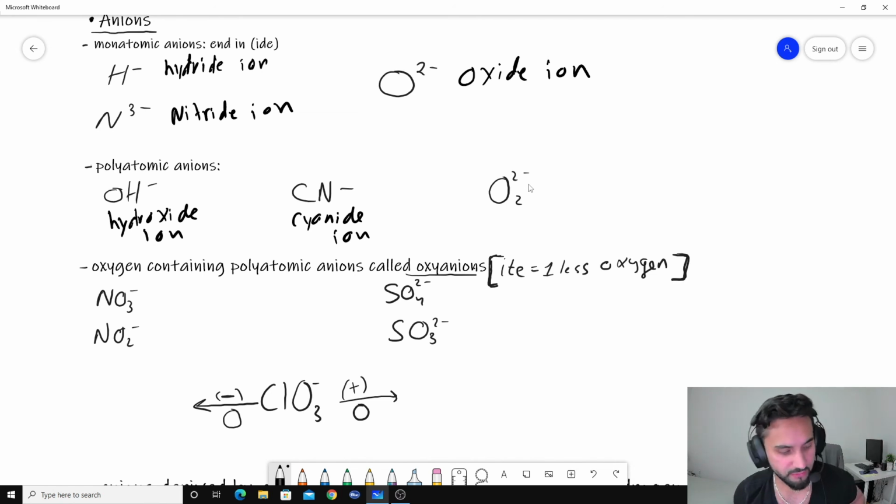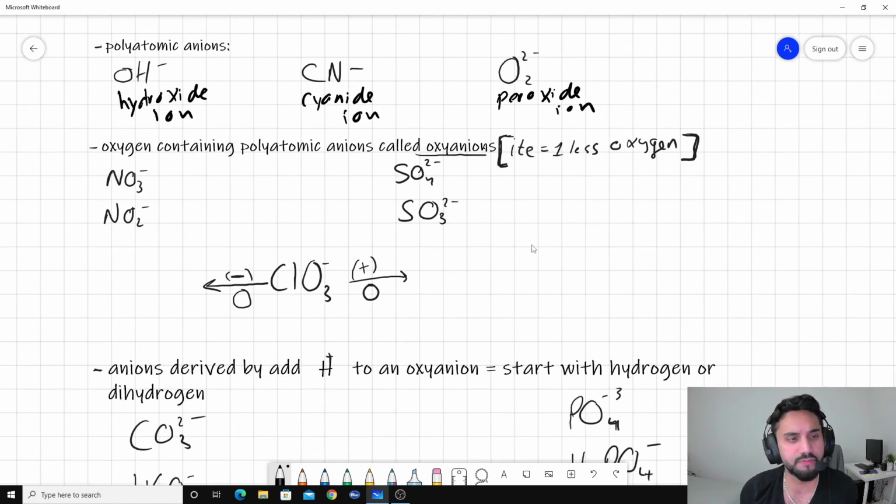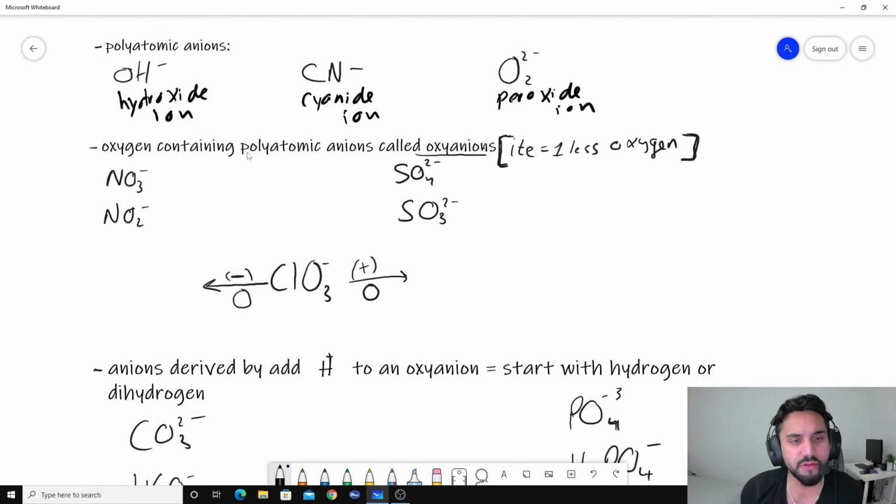Here we have oxygen, two atoms of oxygen making this molecule, and this we call a peroxide ion. Oxygen-containing polyatomic anions are called oxyanions.